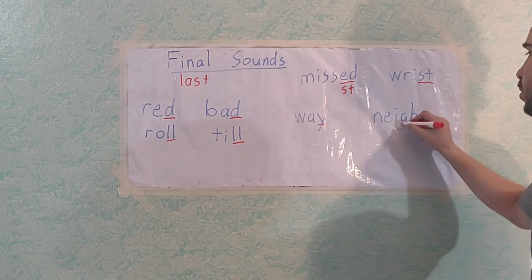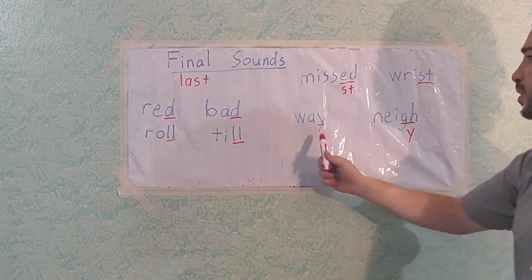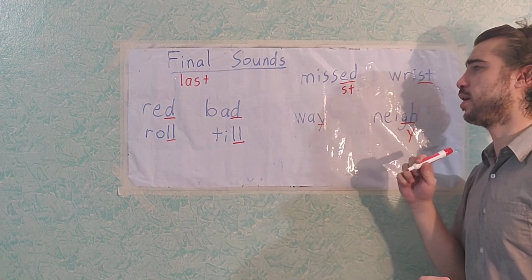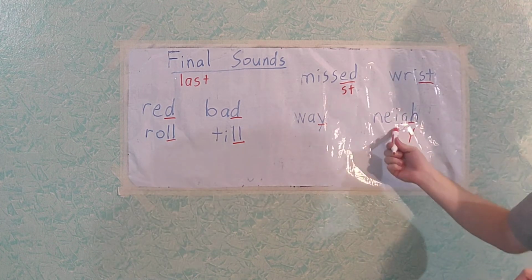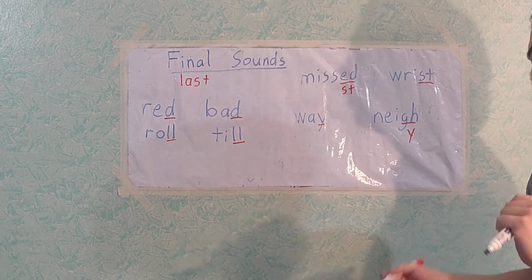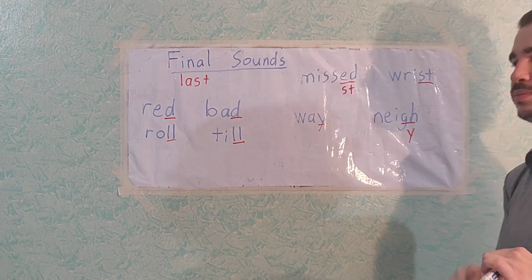Now, even though this is not spelled the same, they still end in the same sound. Way, nay. Oh, and neigh is the sound that a horse makes. When it goes, neigh! That's what neigh means.